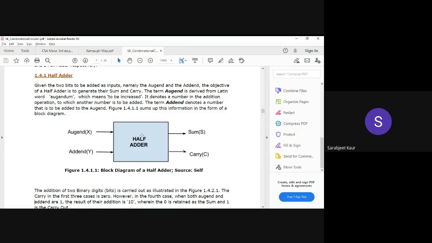It is required to take in two inputs, namely x and y or augend and addend, and produce the two outputs, namely sum and carry. And then for the adder itself, I've just placed a rectangular block here and named it half adder. Is this clear?